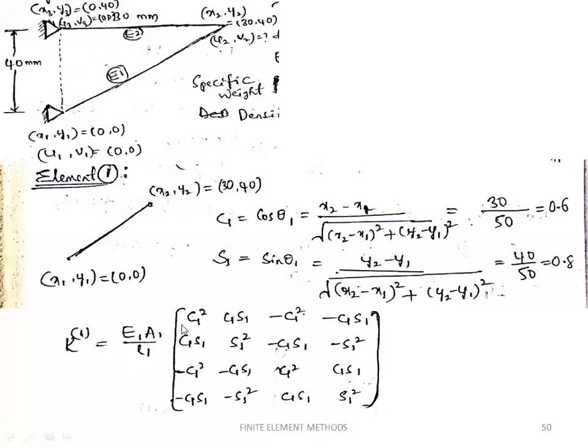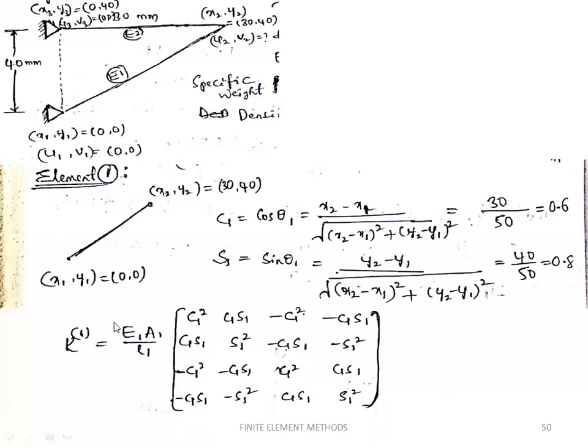The 4 by 4 matrix is defined as: first row C1 square, C1 S1, minus C1 square, minus C1 S1; second row C1 S1, S1 square, minus C1 S1, minus S1 square; third row minus C1 square, minus C1 S1, C1 square, C1 S1; and last row minus C1 S1, minus S1 square, C1 S1, S1 square.